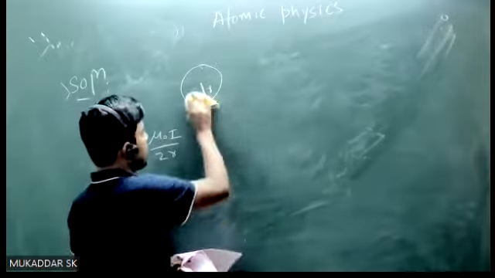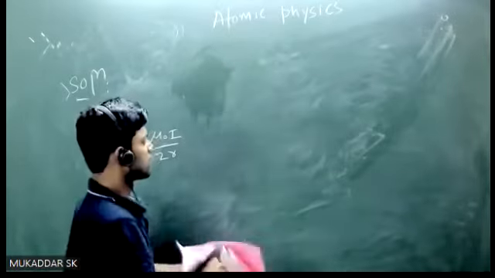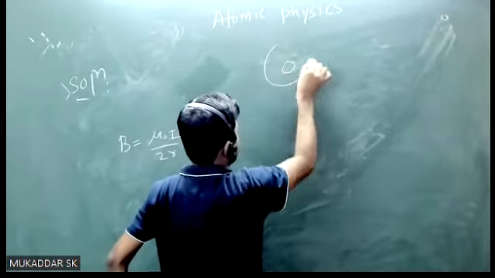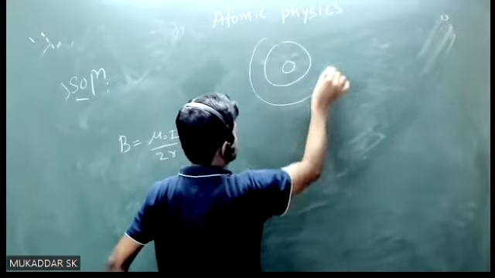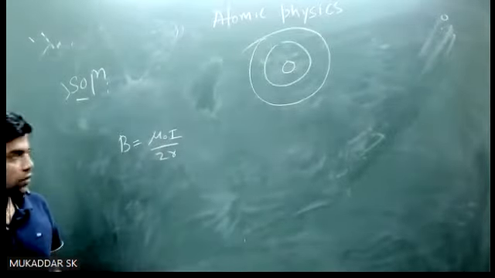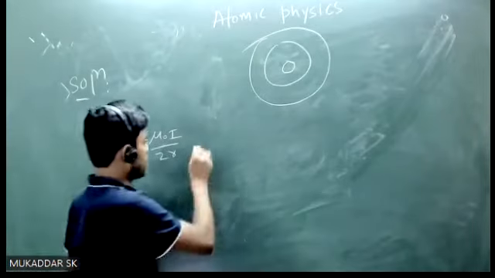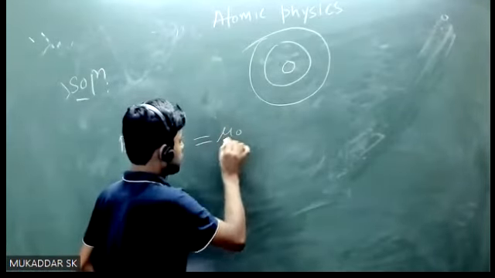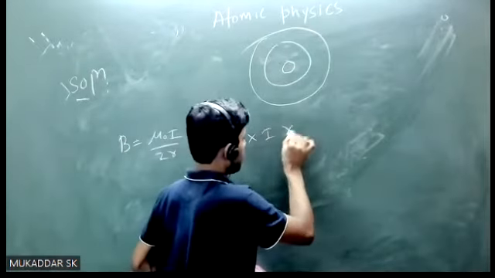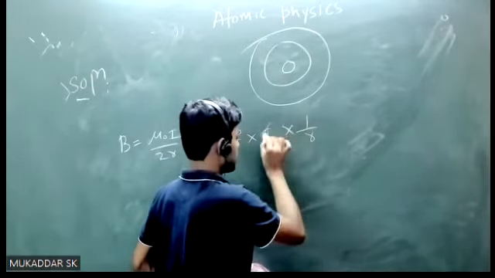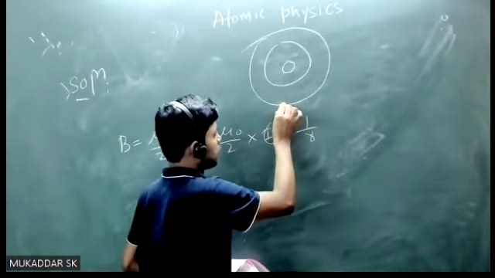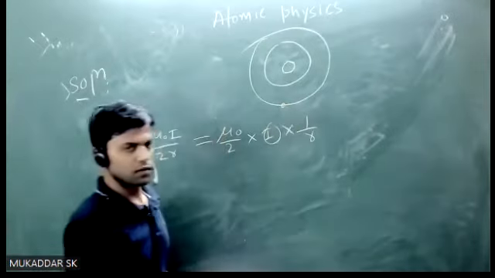So what is basically happening? You have the nucleus and an electron at the nth orbit, where n can be 1, 2, 3, 4. You keep mu naught by 2 constant. Now you have I and 1 by r. Let us assume this is your nth orbit and the electron is here.